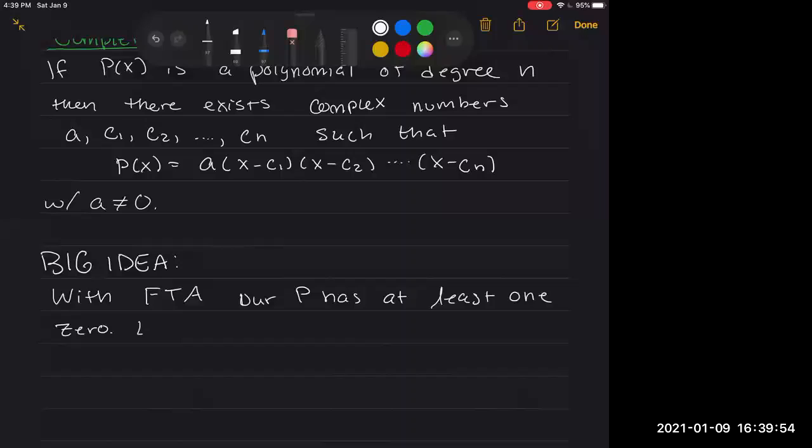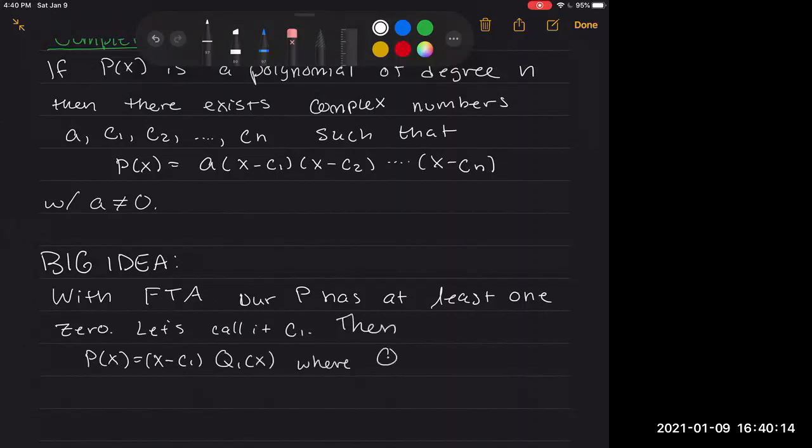Let's call it c1. Then we can write P of x equals (x minus c1) times some Q1 of x, where Q1 is a degree n minus 1 polynomial.